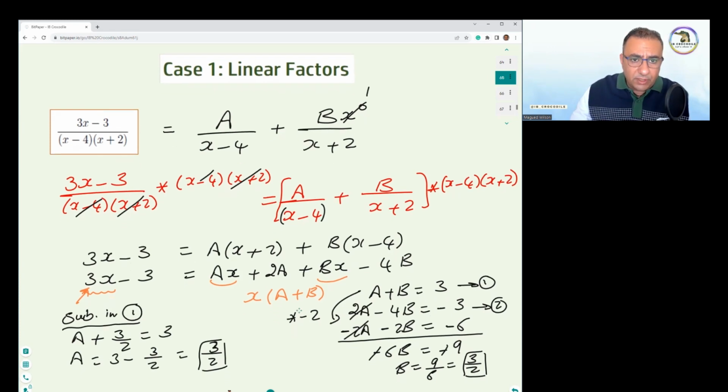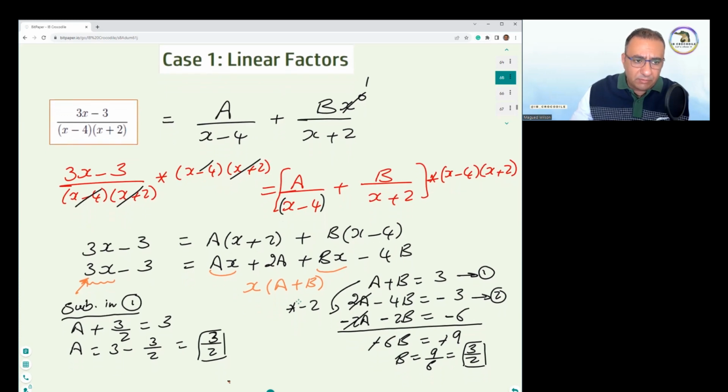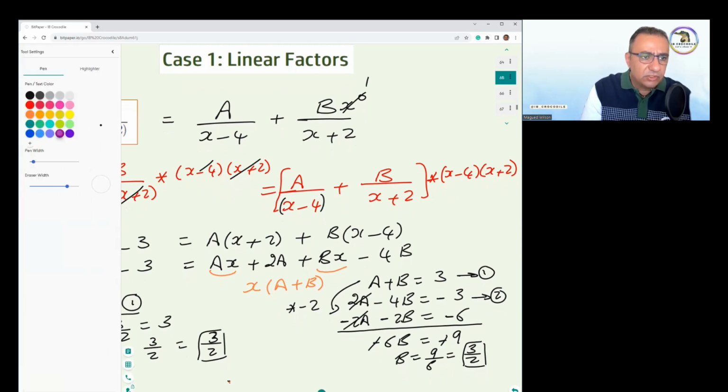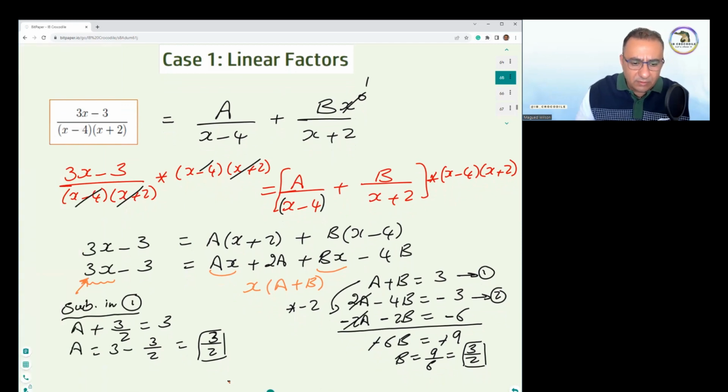So now the final layout of the decomposition, maybe I can just go back to this original form here. I can just replace a by its value.